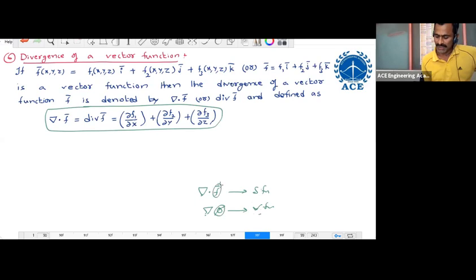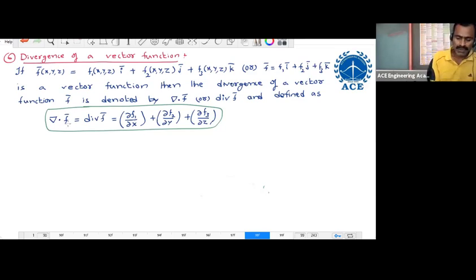Divergence converts a vector function to a scalar function. For the input f bar there is no i, j, k in the output, so it is a scalar function only. If we calculate del dot f bar at a particular point, the output will be a scalar constant, some value only.